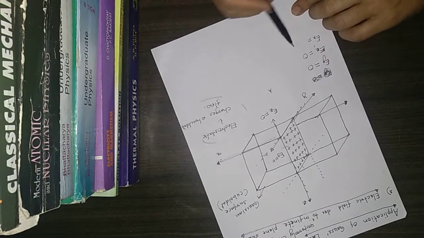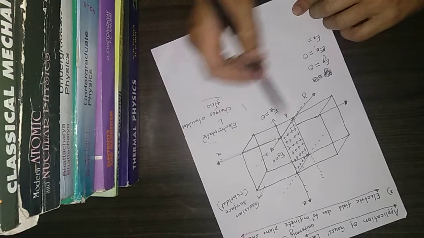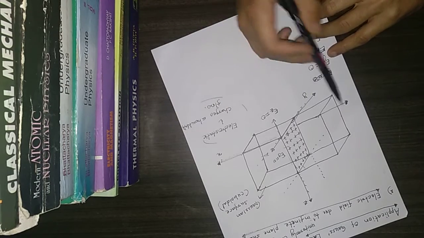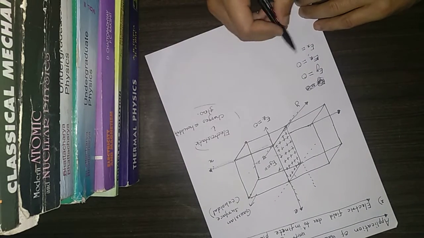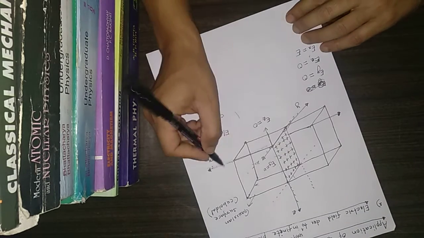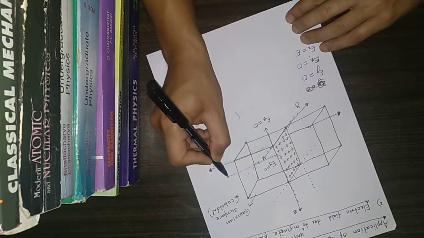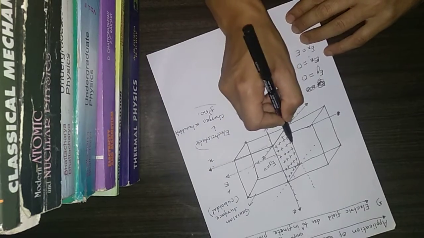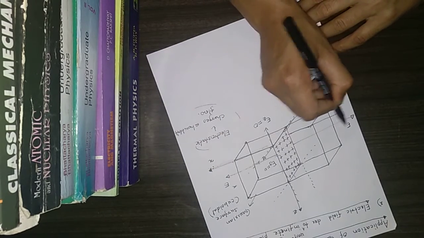Hence, there will be an electric field along the x direction as well as along the opposite direction. Let the value of the electric field along the x direction and the opposite direction be E. That means the electric field along this direction is E, and along this direction is E.